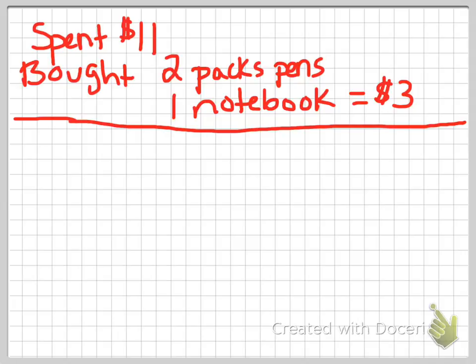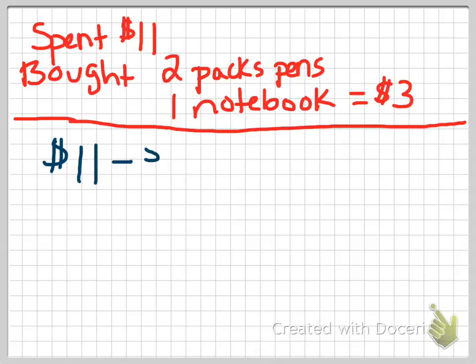So again, I know that she spent $11, bought 2 packs of pens, and also 1 notebook. I know the notebook was $3. So I'm going to start out with 11 counters and take away 3 counters. Let me explain why. I know that the total cost was $11.